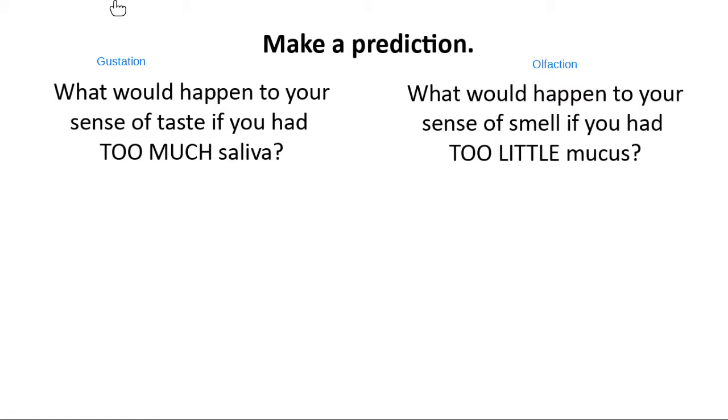Yeah, so if I had too much saliva, our sense of taste would decrease. Sense of taste decreases. Yeah, so Nicole's mentioning we could dissolve those tastins too much. We'd have trouble getting those taste sensations down to the papillae.